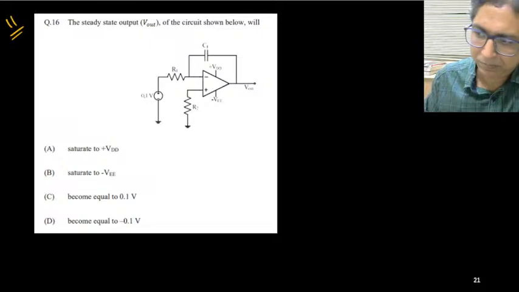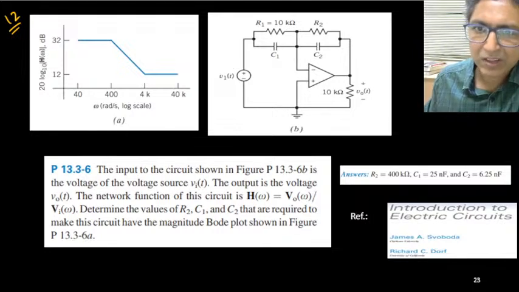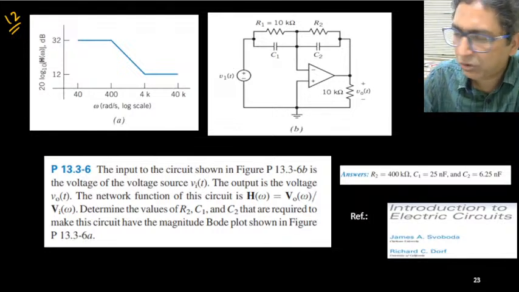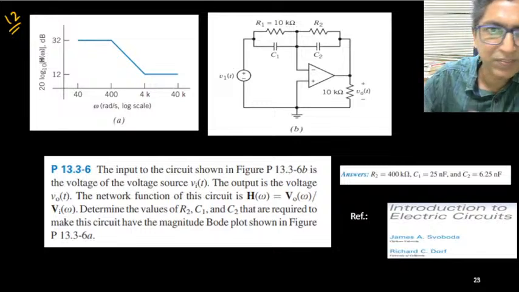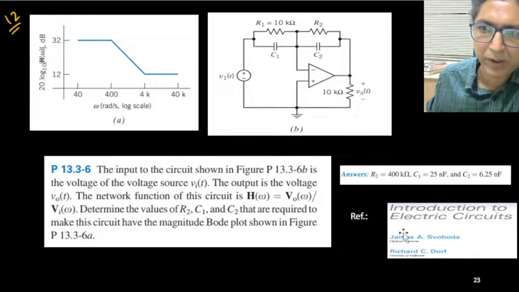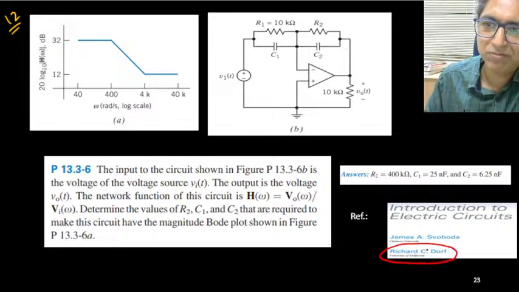And one more problem that I'll ask you to solve, but if you face difficulty, then I'll be solving it in the next video. Please let me know. This problem is mostly for semester purpose. This problem I have collected from the Dorf book, problem number 13.36.